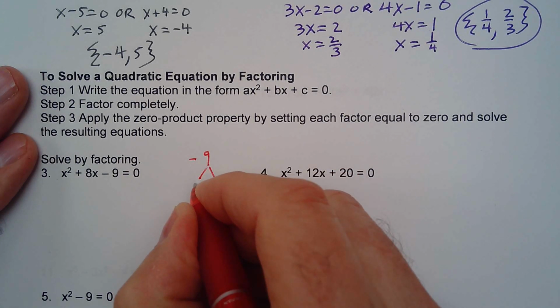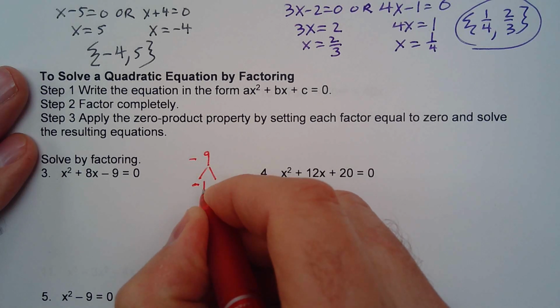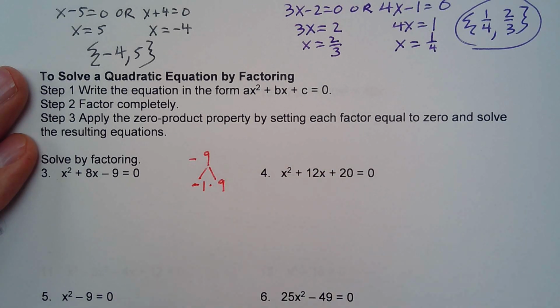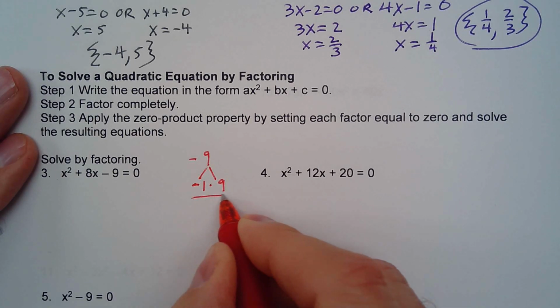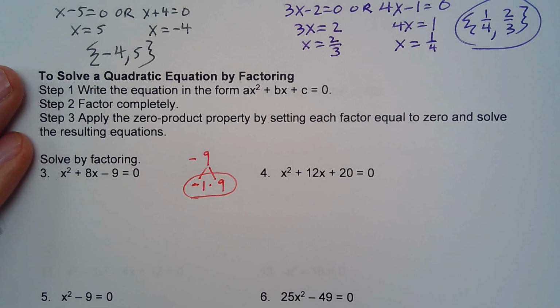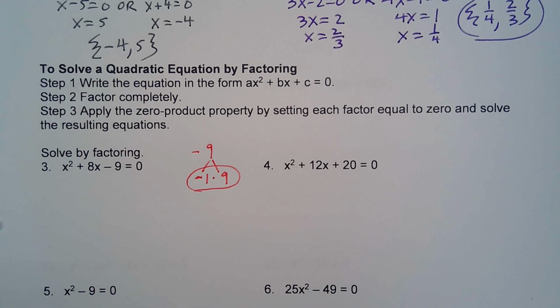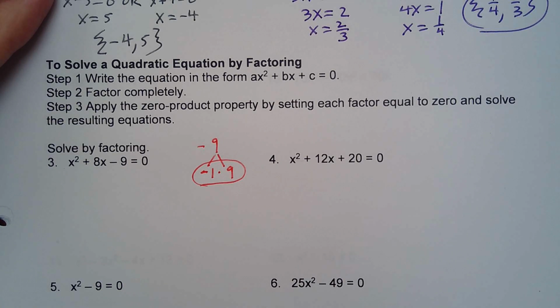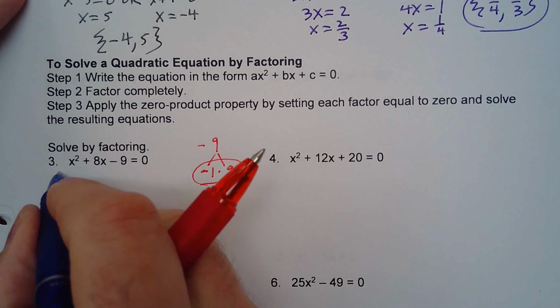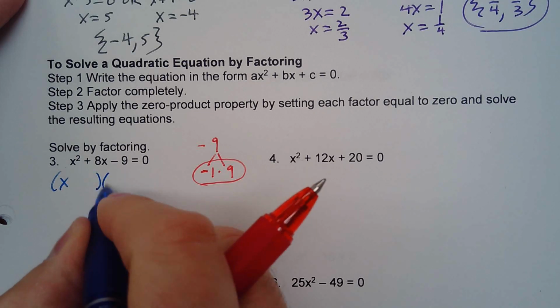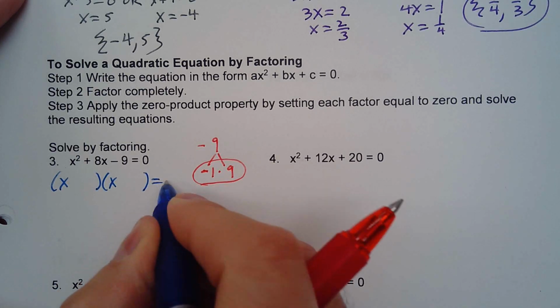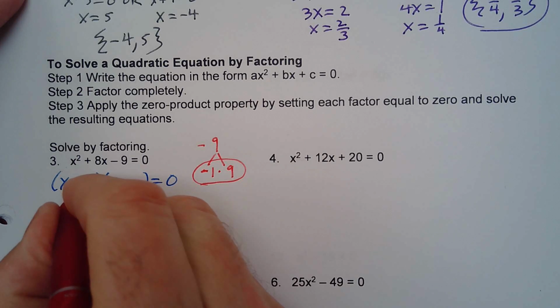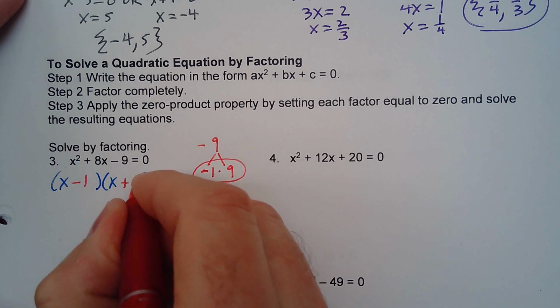So I do negative 1 times 9, and I immediately hit the answer. I don't need to do negative 3 times 3. I don't need to write that down because I found the pair I want. So this is going to factor into x minus 1 times x plus 9.